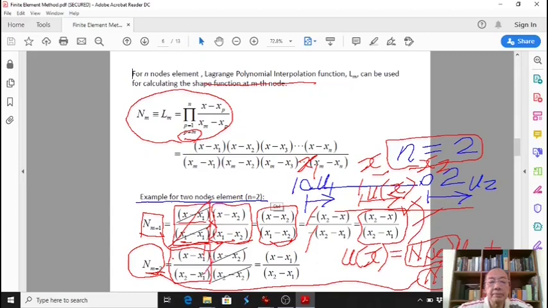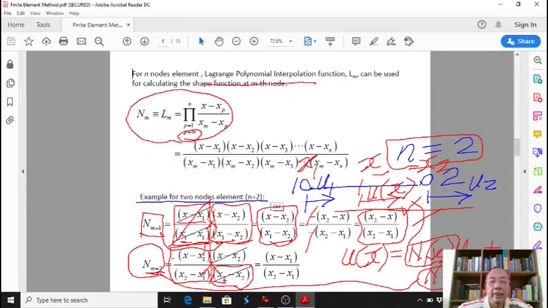Now p becomes 2, so x minus x2 per xm, m is equal to 2, so x2 minus x2. This condition is not satisfied, p must not equal m.